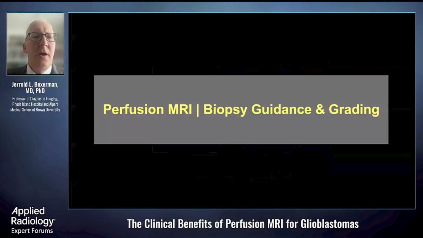Okay, thank you, Mark. We now move to another application of DSC perfusion imaging, which is help with guiding biopsy and potentially grading brain tumors.